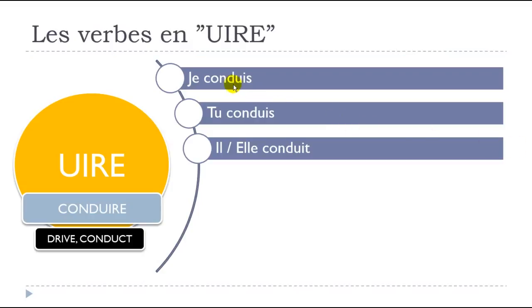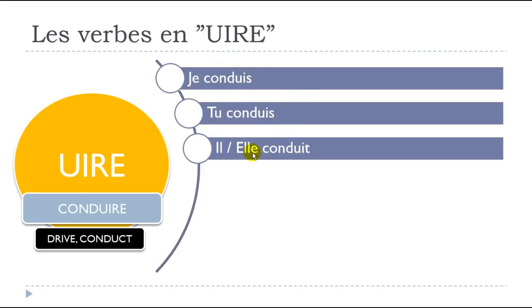So far it's not that difficult, because I assume that most of you would have put this final s here, s and then t, because it's in most cases the way we conjugate the verbs of the third group. Not all the verbs, but most of them. So you get je conduis, tu conduis, and il, elle conduit.